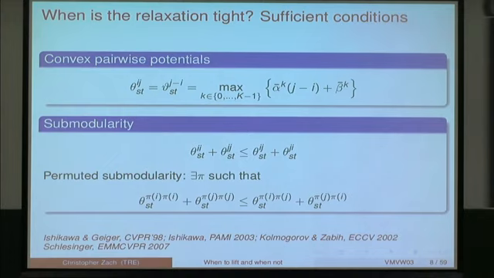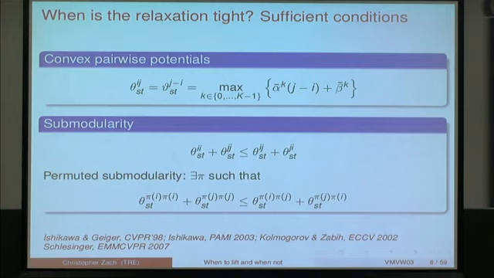And there's a number of results. There's obviously no characterization of when you can solve it well in the general multi-label case, but there's a set of sufficient conditions that exist in the literature.